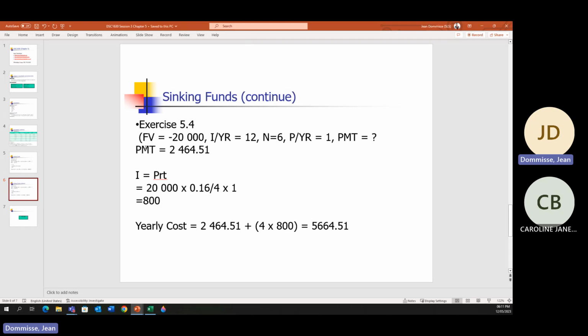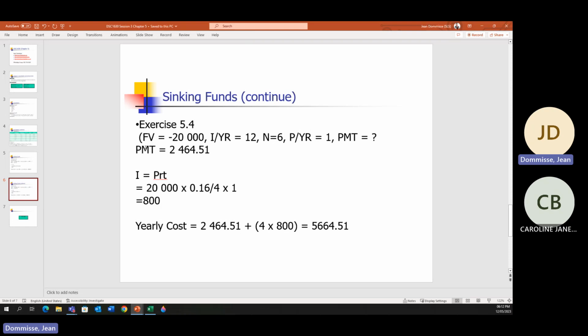You work out the interest that you would have paid on a yearly basis or half yearly basis or quarterly basis. So the important thing for me in the sinking fund is that the easiest thing to get wrong is to use the wrong interest rate for the wrong calculation, or the wrong period for the wrong calculation.